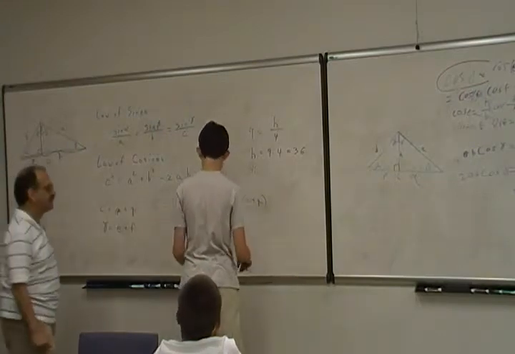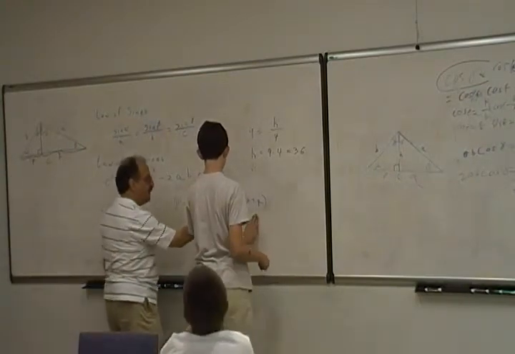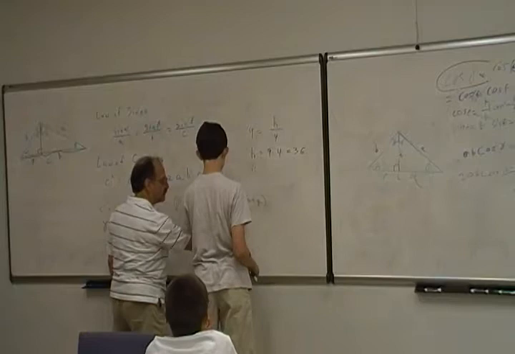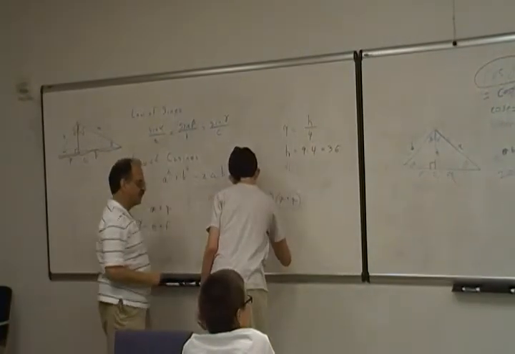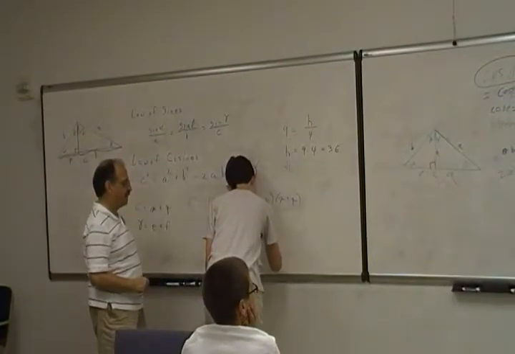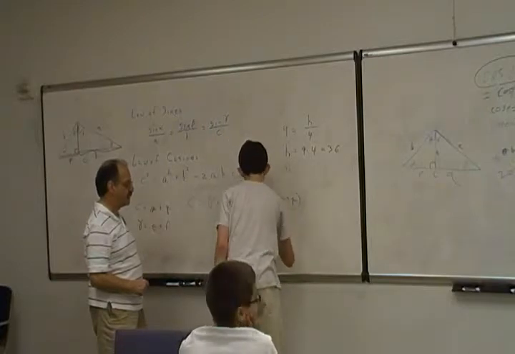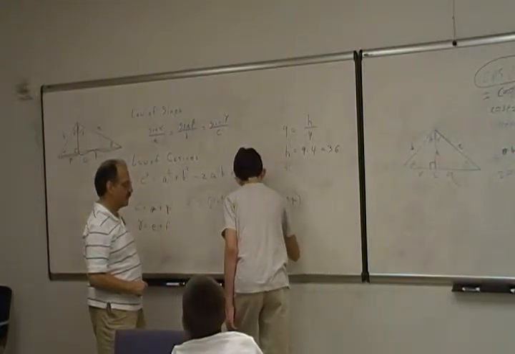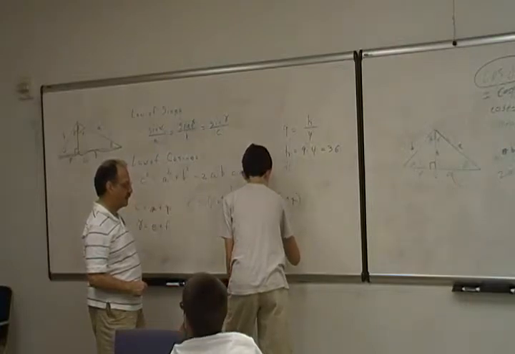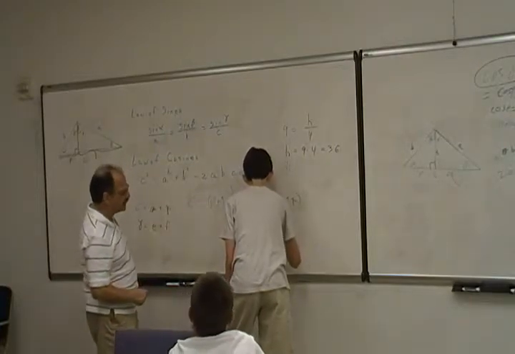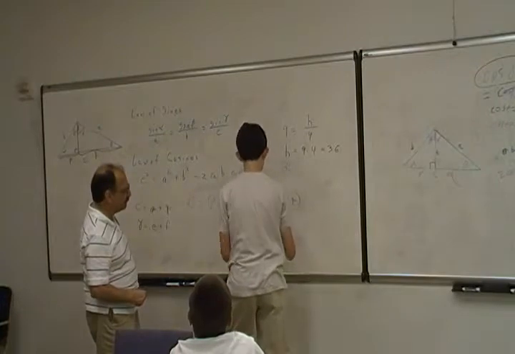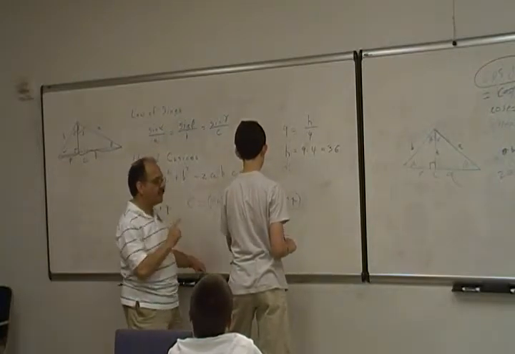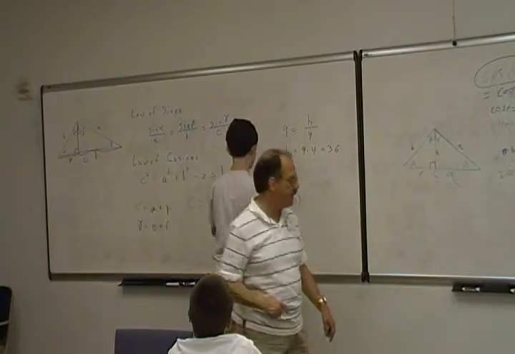You get p times each of those plus q times each of those. Oh, wait, no. P squared plus, nope. All right. Clearly you haven't had quite enough algebra yet.